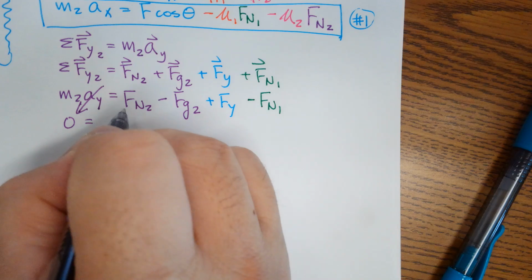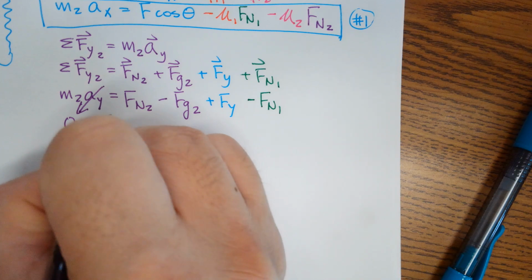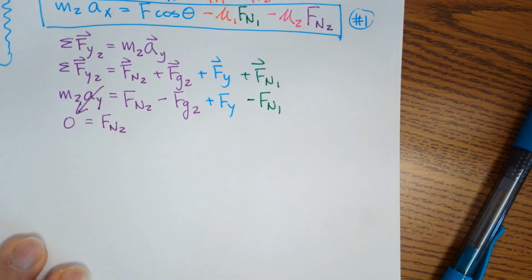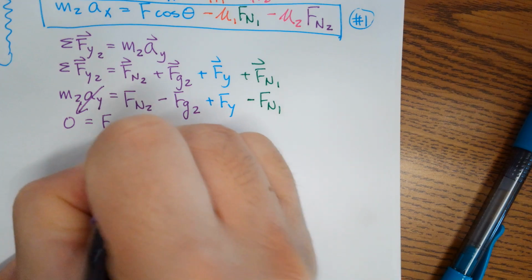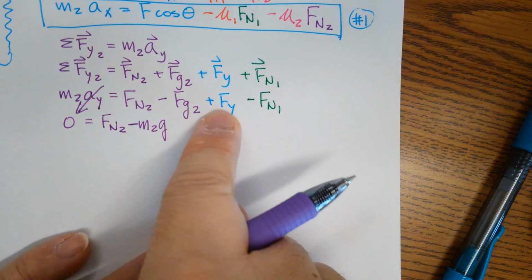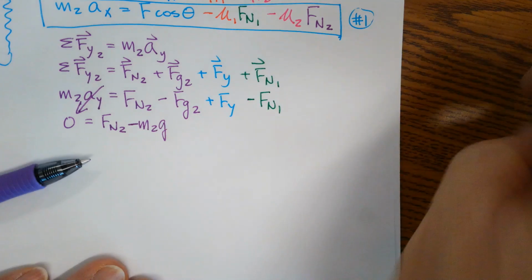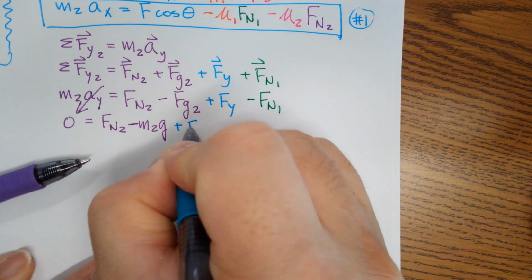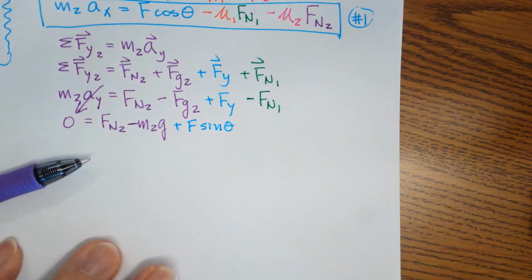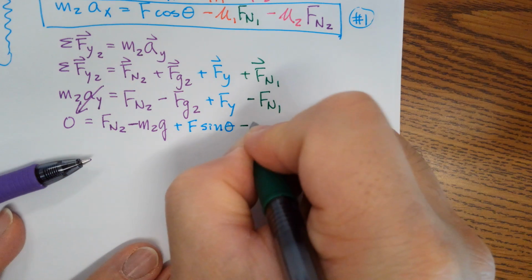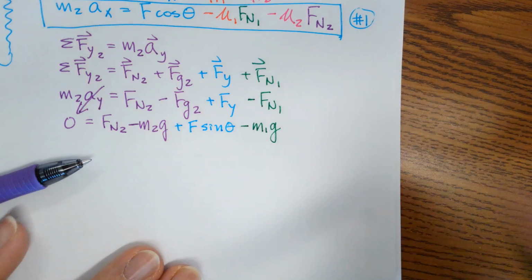So that is equal to F normal 2 minus M2G plus F sine theta minus M1G.